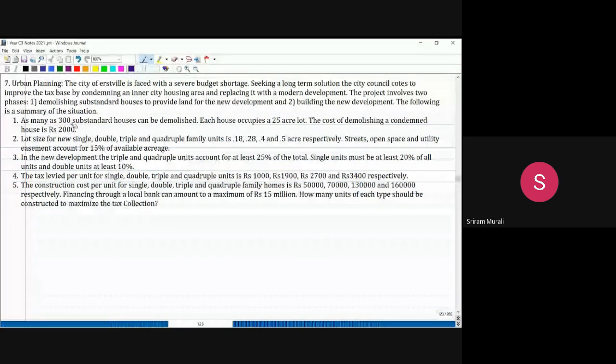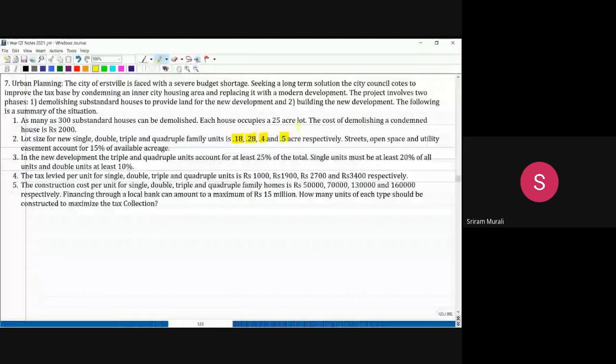Second constraint, what is it? Lot size for a single 1-story building, 2-story building, 3-story building, 4-story building. In your language, 1 BHK, 2 BHK, 3 BHK, 4 BHK. It takes 0.18 acre, 0.28 acre, 0.4, 0.5. If it is a 1-story building, it is 0.18.